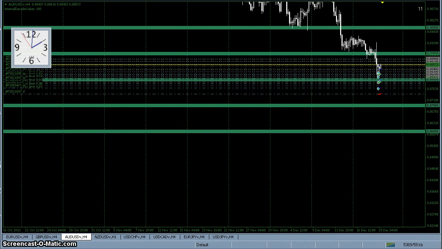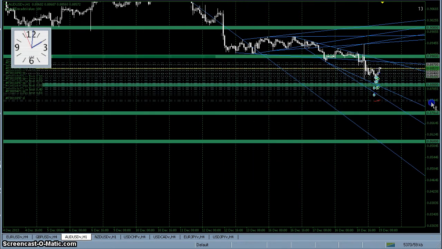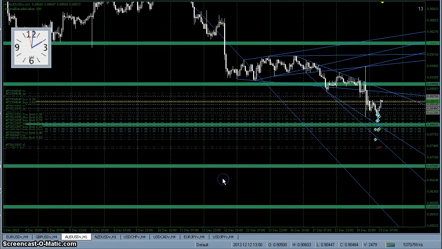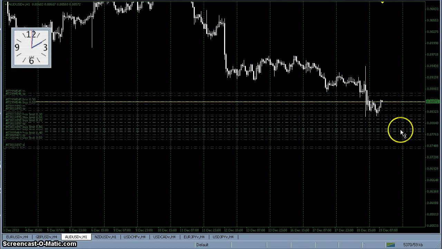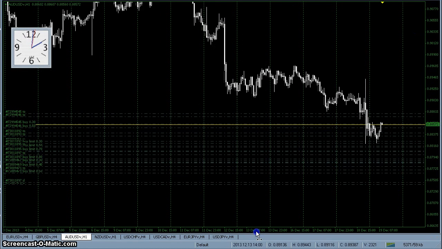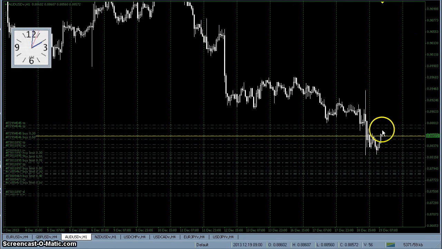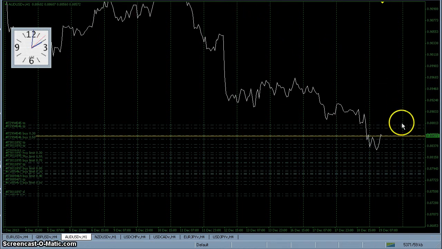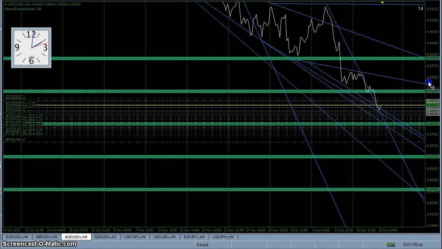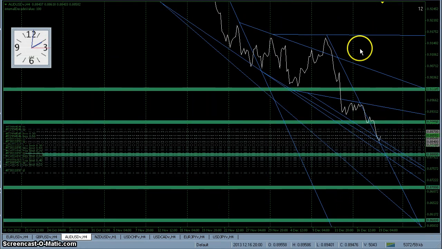Yeah, here's the Australian dollar. I bought this double bottom down here. Take profits up in this thing here. That was a nice deep discount today on the Australian dollar.